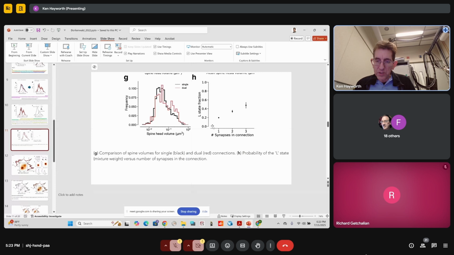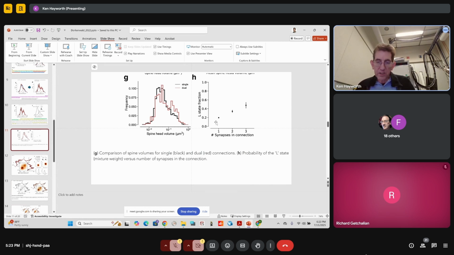And then in H, what they do is they use this model and they say, if we were to look at the synapses that have one connection, two connections, and now they look at the three connection synapses, does the fraction of estimated large synapses go up?